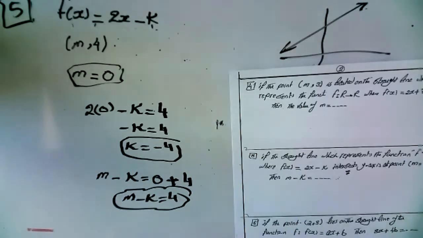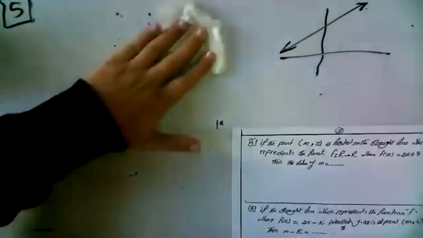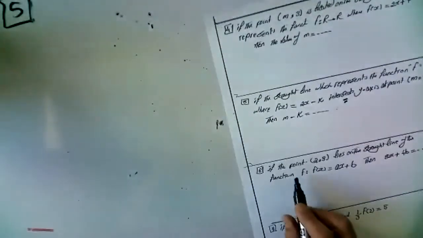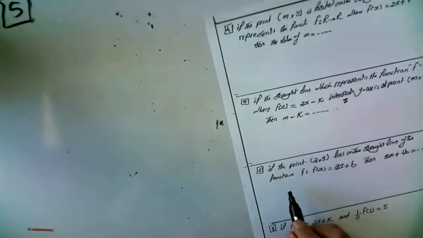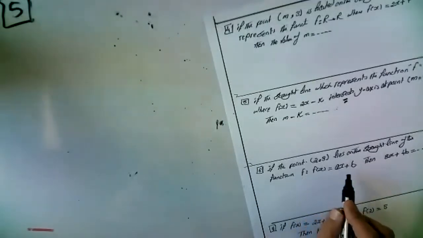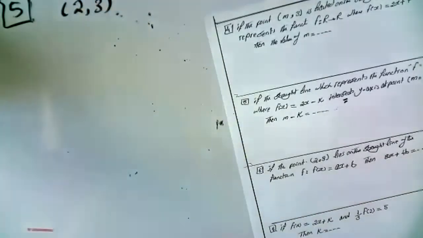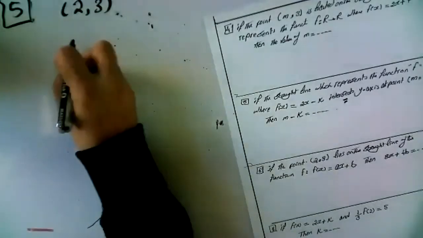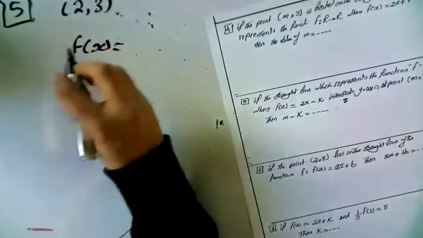Question number 6. If the point 2, 3 lies on the straight line which represents the function f of x equals ax plus b, the point 2, 3 is located on the straight line.